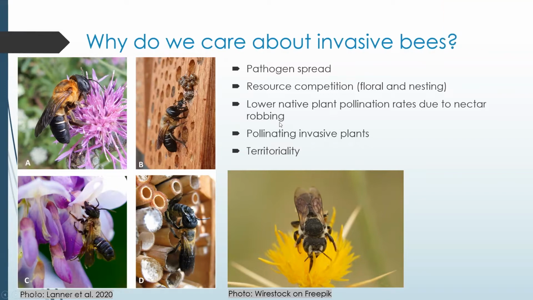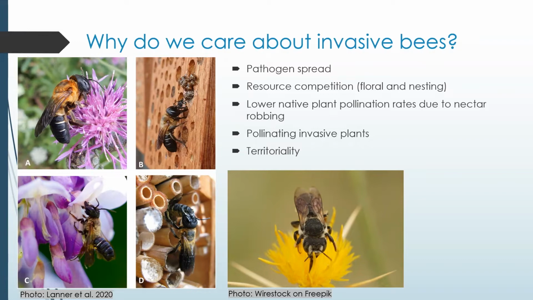Another thing is that these invasive, or well, I guess they would be invasive if they're causing issues, but introduced bees, some of them, like I mentioned before, will nectar rob. And so you can see here this Megachile sculpturalis, which is one of the big invasives right now, will, instead of going in and taking the pollen the way a plant wants a bee to spread it, cut into the back of the flower and just take the nectar and not get the pollen on it.